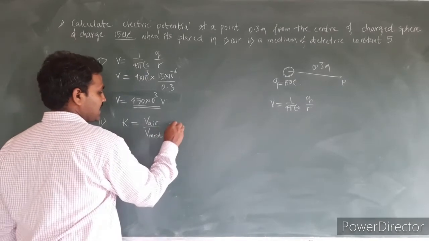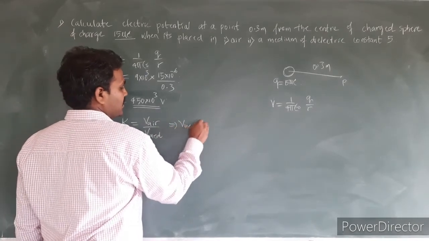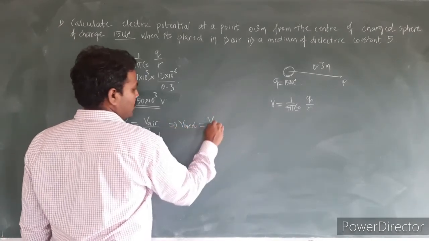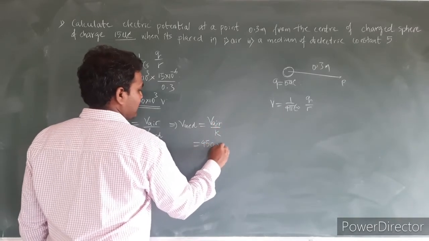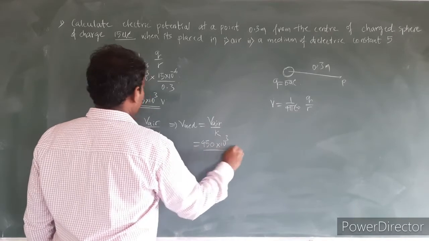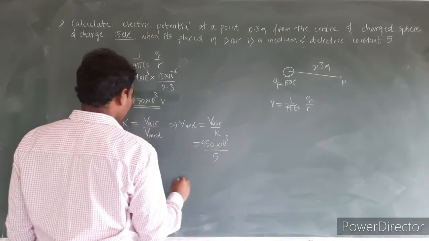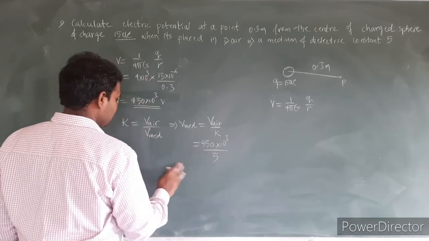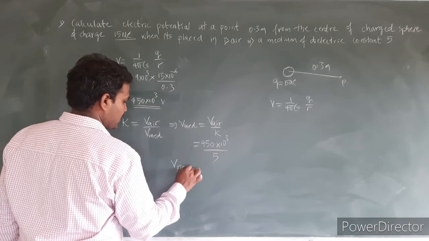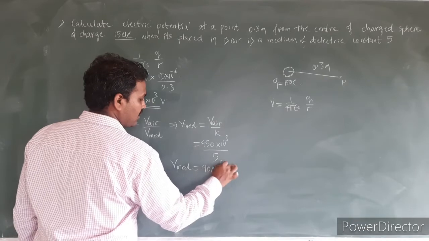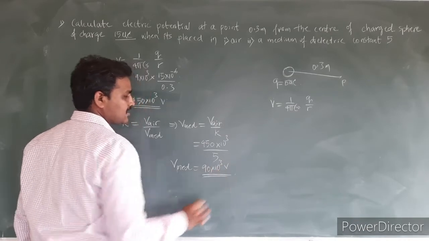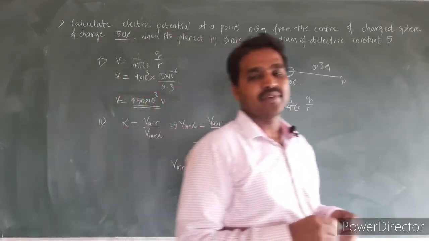So V medium, the potential in the medium, is equal to V air divided by K, that is 450 into 10 to the power of 3 divided by K, which is 5. So the potential in the given medium is 90 into 10 to the power of 3 volts. So this is the solution for the given problem.